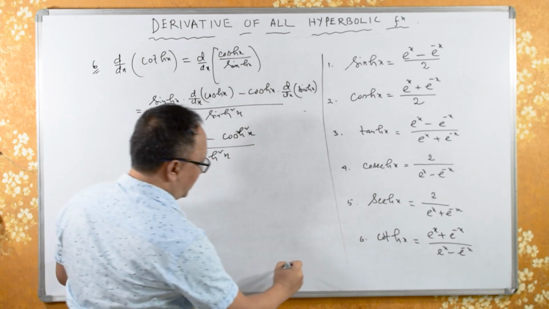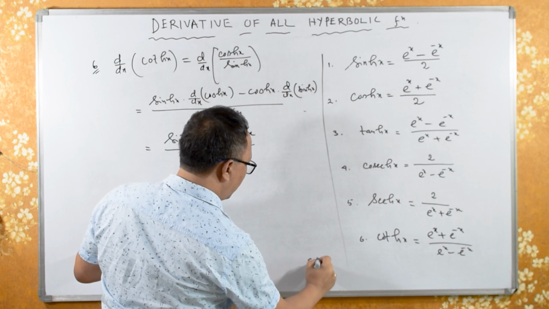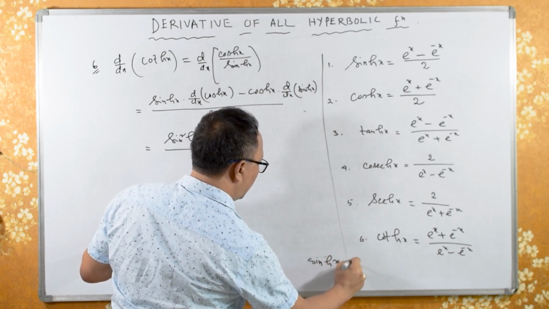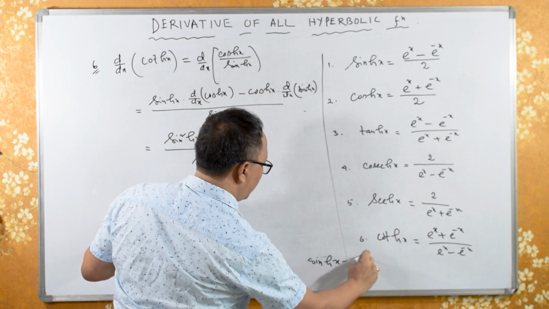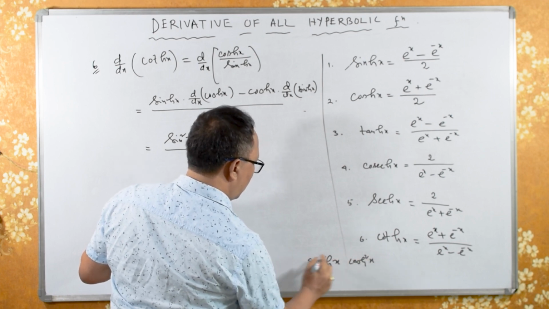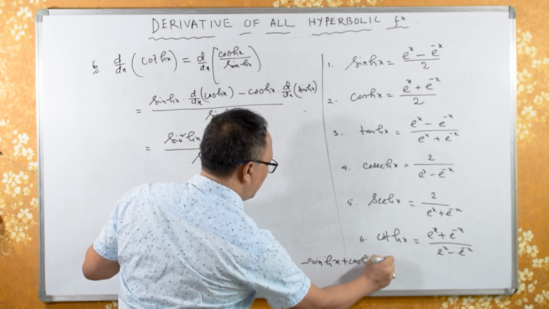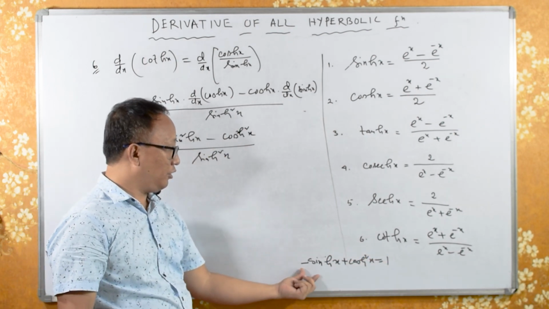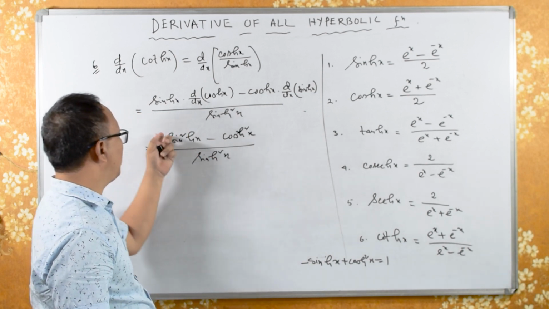Here, as I told you, we have sine square hyperbolic x minus cos hyperbolic square x, and in order to apply the identity we need a minus over here.